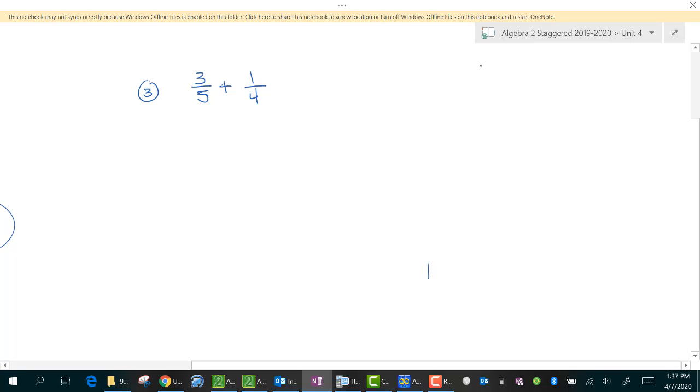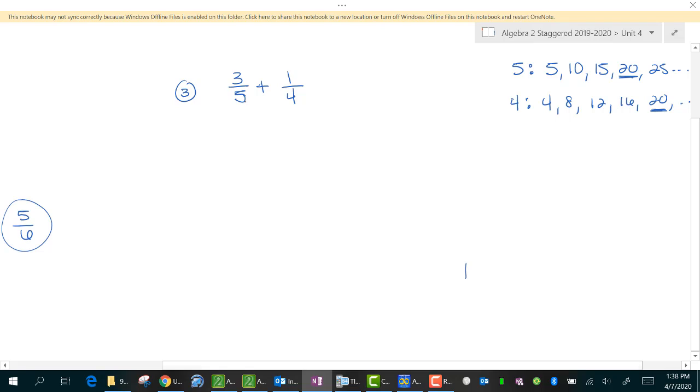For 5, if I keep repeatedly adding 5, I start with 5, 10, 15, 20, 25, and it keeps going. And for 4, I have 4, 8, 12, 16, 20, and again it keeps going. Notice they both have 20 in common.